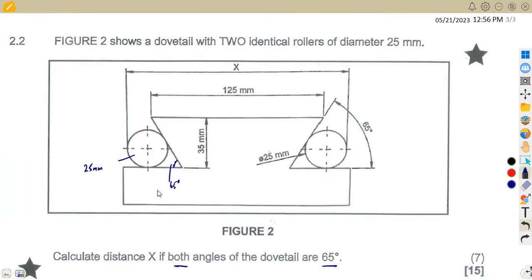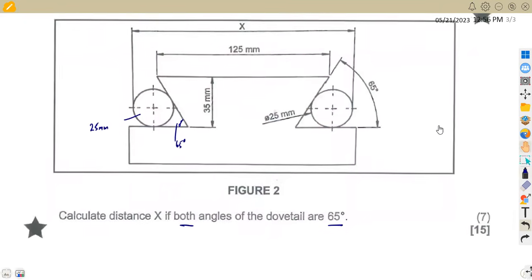Okay, so let's try to separate our sketch in a way that we can understand. If you consider our sketch here, we want to calculate this distance x. So what is this x made up of?